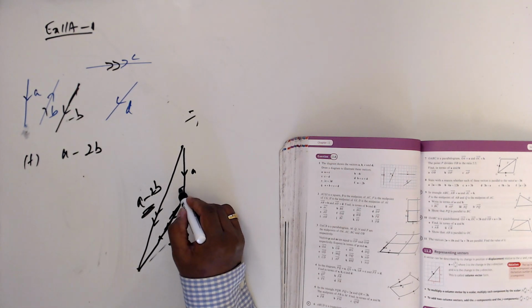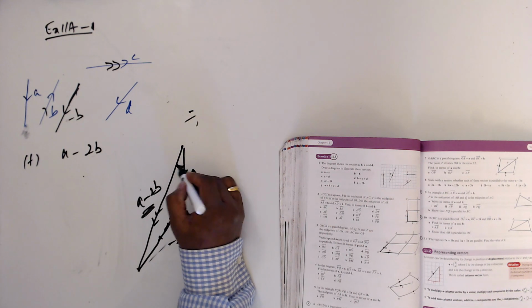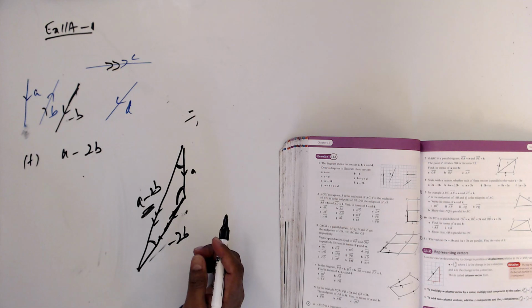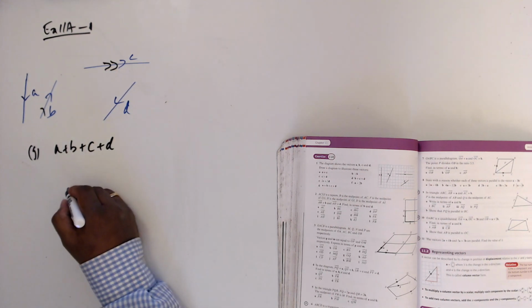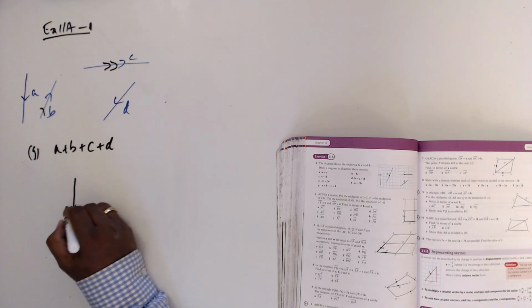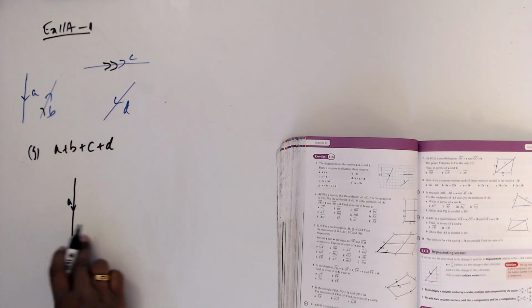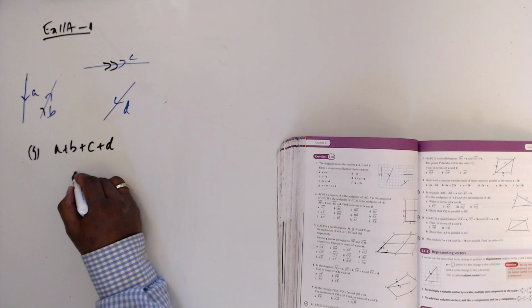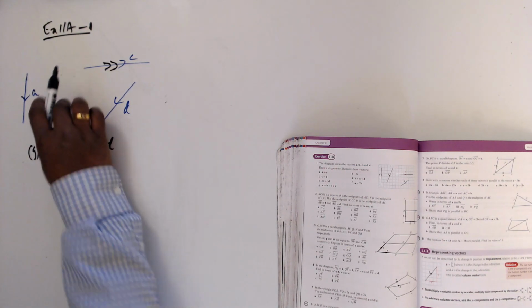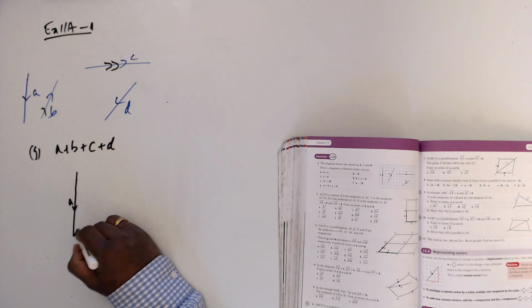When you draw, everybody in your class should have the same angle, same size, same angle size. So this is A plus B plus C plus D. This is A. I draw parallel to this one, and I draw parallel to this one at the end of it.